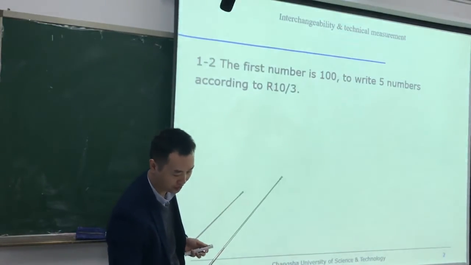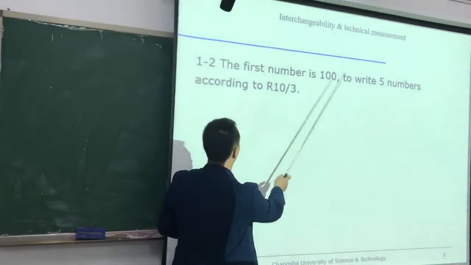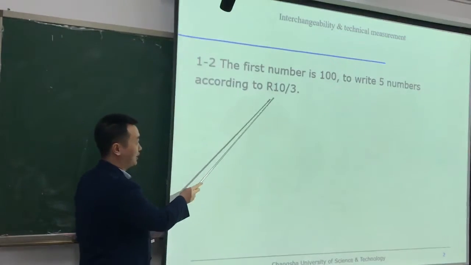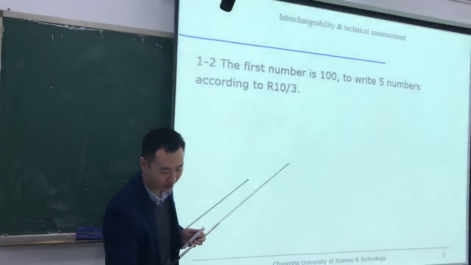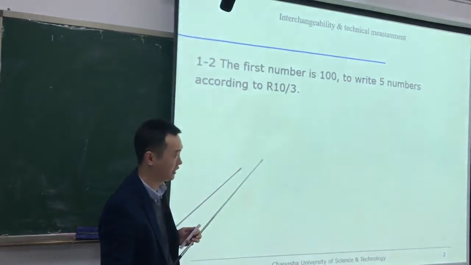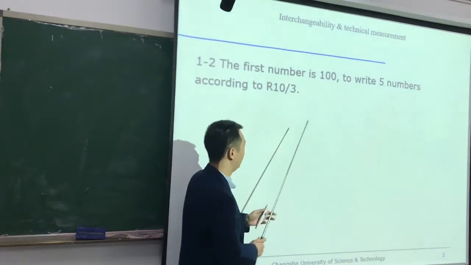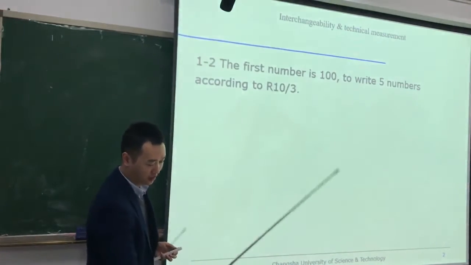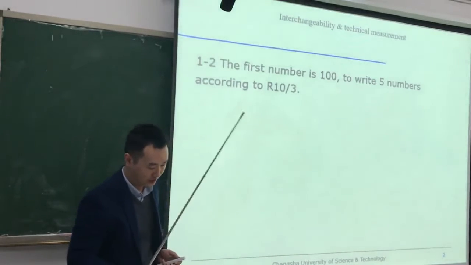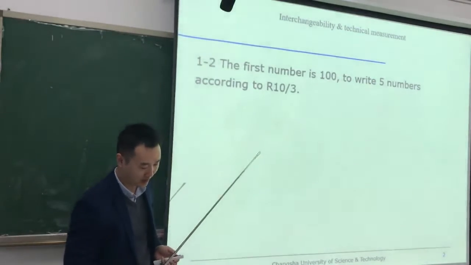Exercise 2 is to write the 5 numbers according to R10/3. There is a printing mistake in our textbook. It should be changed to R10/3. You can also find the answer according to table 1-1.